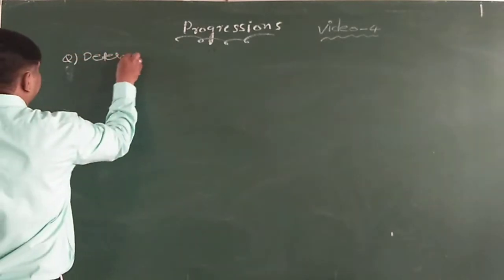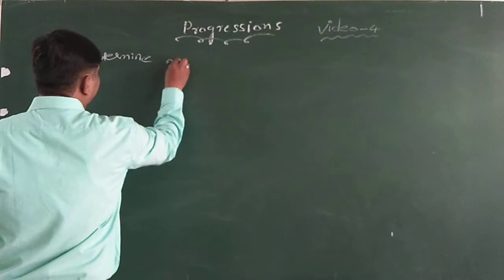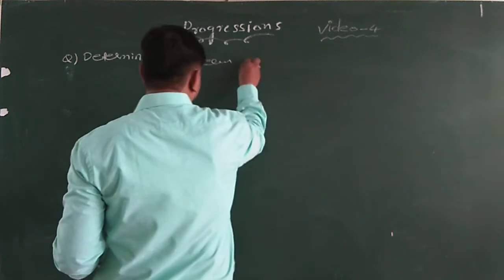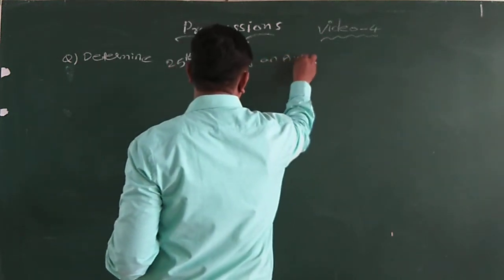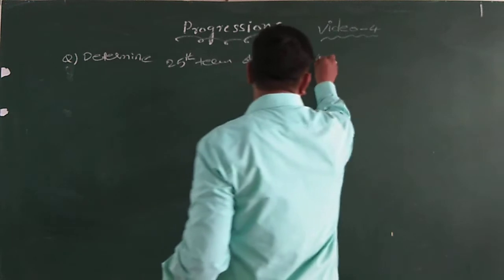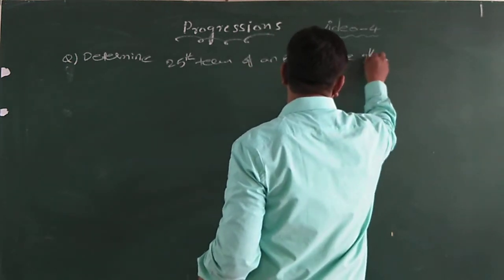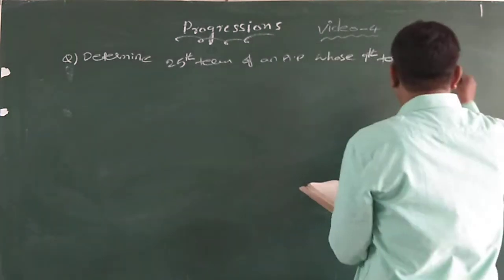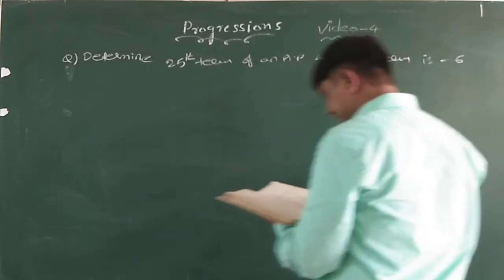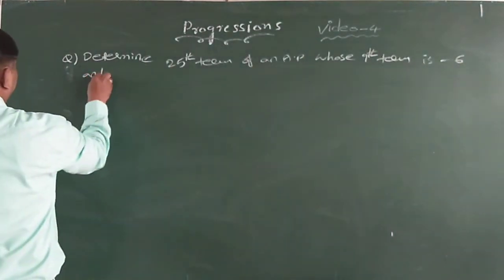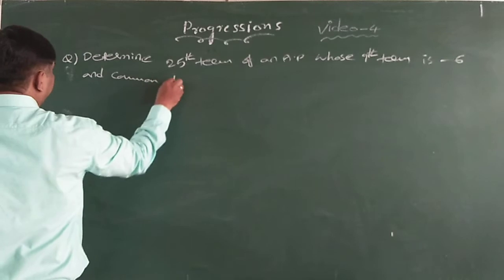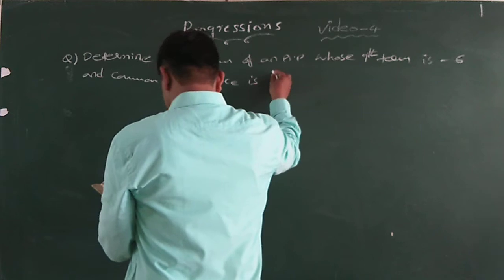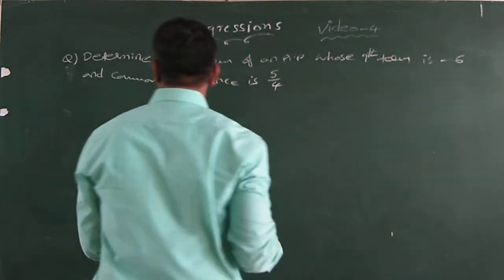Determine the 25th term of an AP whose ninth term is -6 and the common difference is 5/4.